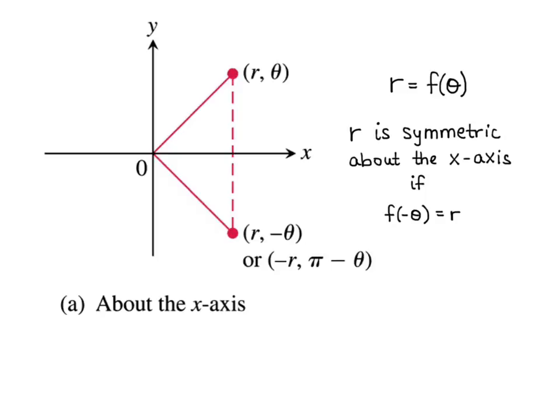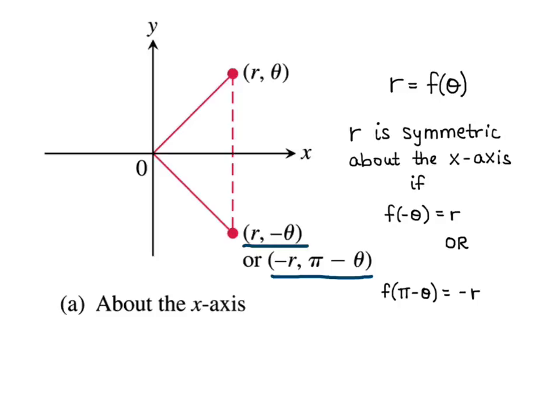That's what this first point in the image is saying, (r, −θ), or f(π − θ) = −r, and that's what this second point is saying, (−r, π − θ). So you can use either one of those to test, and depending on your function, one way may be easier than the other for proving that it's symmetric about the x-axis.